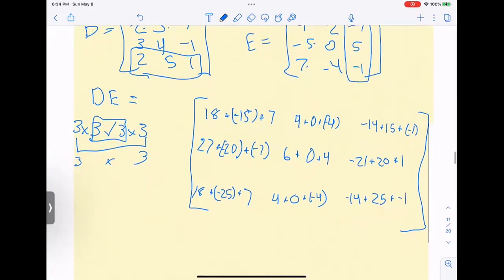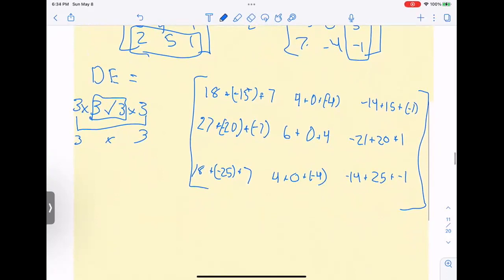All right. So if we calculate this, DE is equal to 18 plus negative 15 plus 7, that'll be 10. 4 plus negative 4, 0. So we're just adding up all the values that we found. 27 plus negative 20 plus negative 7 is going to be 0. 6 plus 4 is 10.